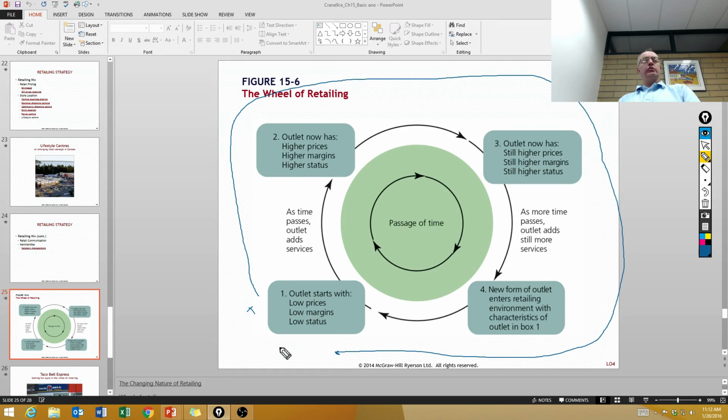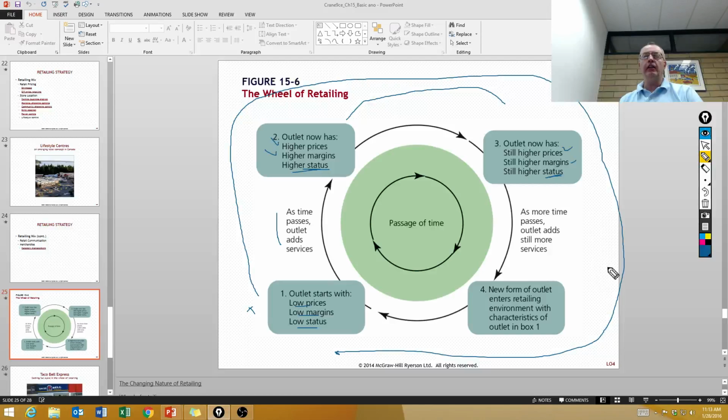So when a new store comes into the retail sector, sometimes they start off kind of at the bottom of the totem pole, so to speak. So they have low prices, low profit margins, and they sort of have low status in the market. And then as time passes, the store sort of increases its prices a bit. They kind of increase their status in the market, so they can have higher profit margins. And then as time continues to pass, again, they increase their status, increase their price, increase their margins.